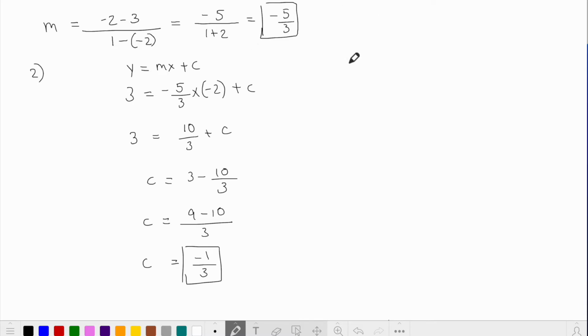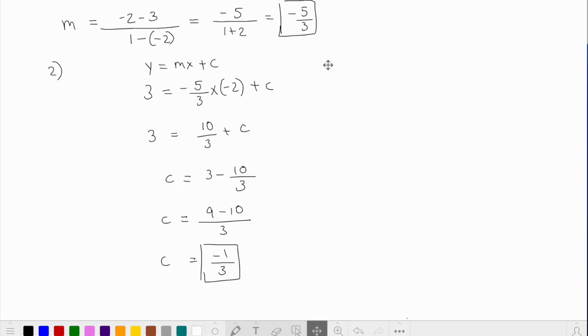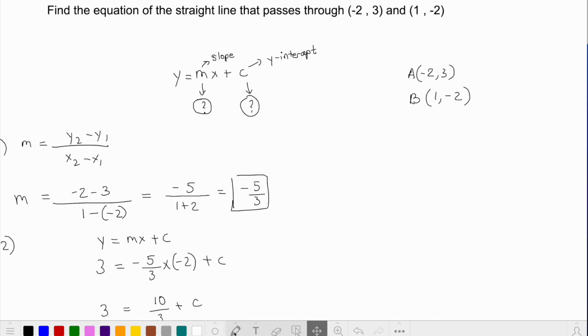So we have the equation y is equal to mx plus c, and now we found the value of m and the value of c. Let's plug into the formula, also known as the slope-intercept form. y is equal to mx plus c.